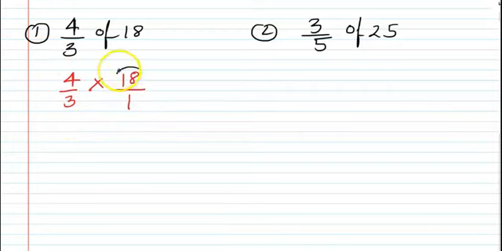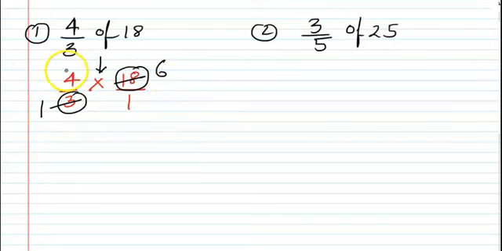Cancellation means top number cancelled by bottom number, and make sure there should be a multiplication sign in between. So 3 times 1 is 3. You can cancel it. And how many 3's are going in 18? 6. So see, 18 cancelled. You can see there are two numbers left, that is 4 and 6, and there's a times sign in between. So 4 times 6 is 24. Is that okay?